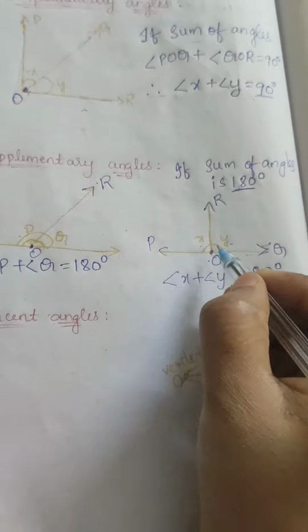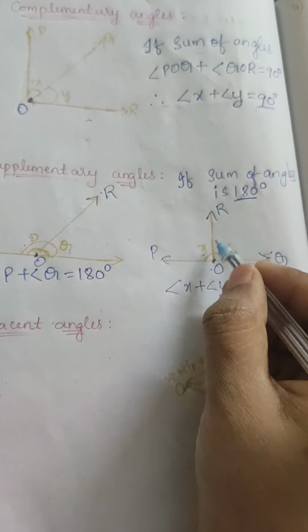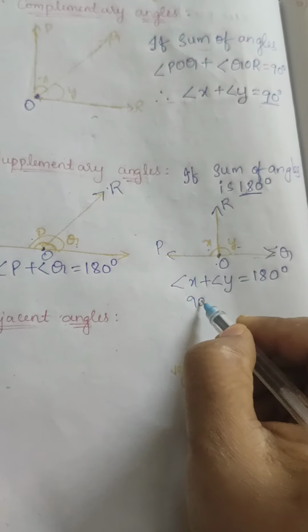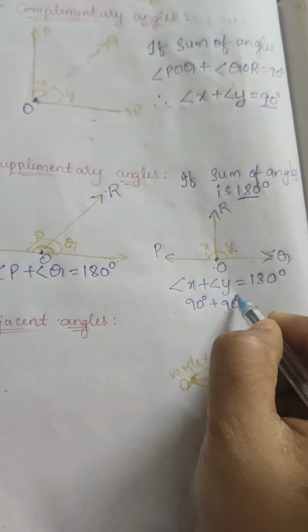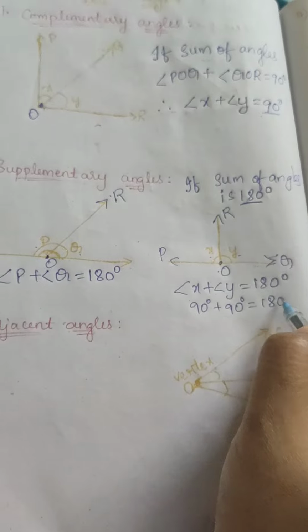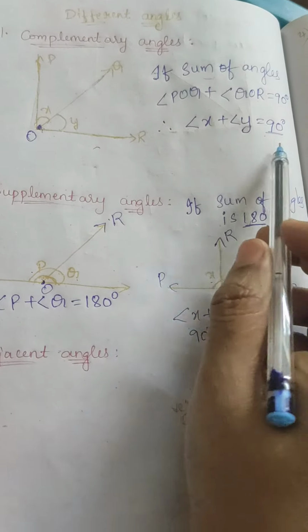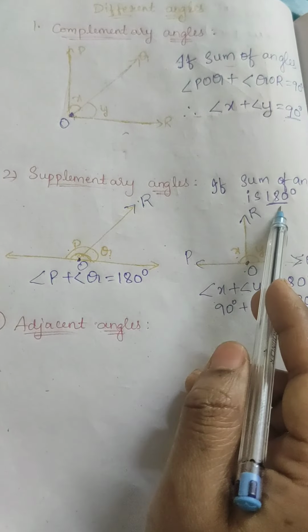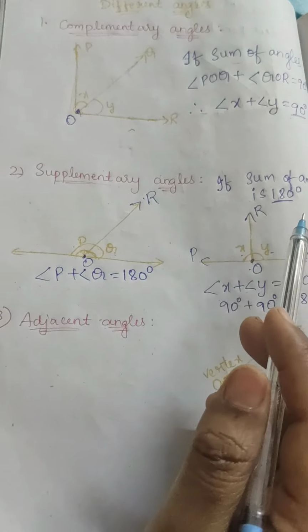Also we can observe that this is a right angle and this is also a right angle, both equal to 90, and 90 plus 90 is equal to 180 degrees. If the sum is equal to 90 degrees, then those are complementary angles, and if the sum is equal to 180 degrees, then those are supplementary angles.